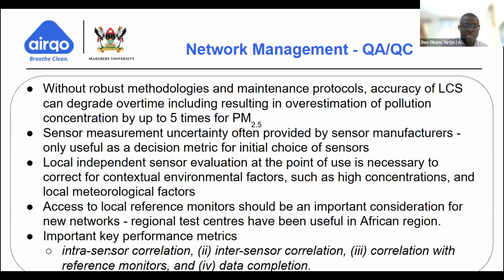So is the data actually complete? Are you able to ensure that sensors are performing to the level that delivers complete data sets that can be used for analysis, including advanced applications like health exposure studies? Across all these indicators, on the AirQo platform we've been able to build a digital interface that allows us to track all these performance indicators in near real time.